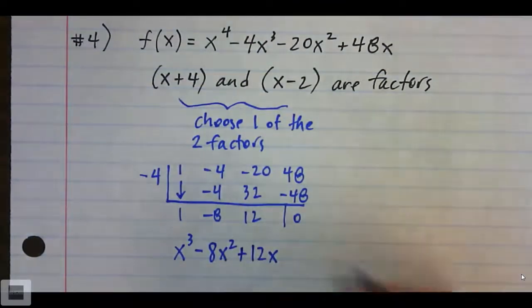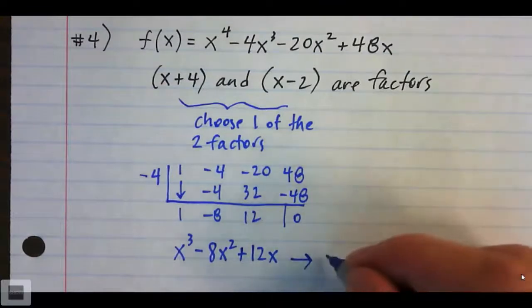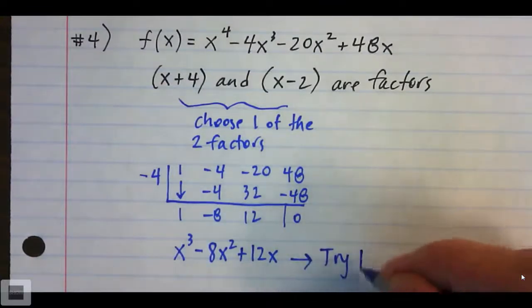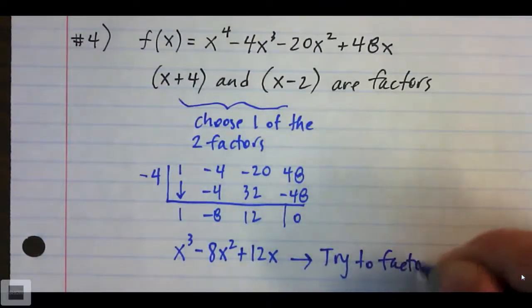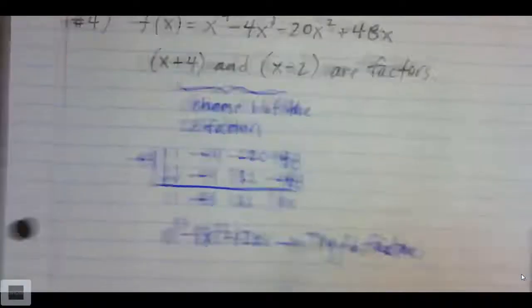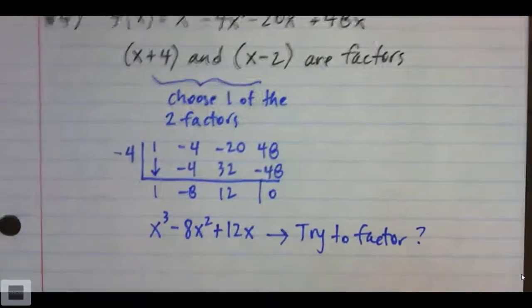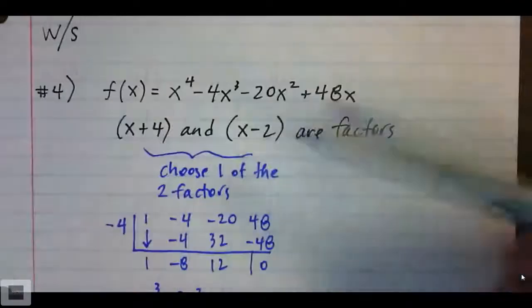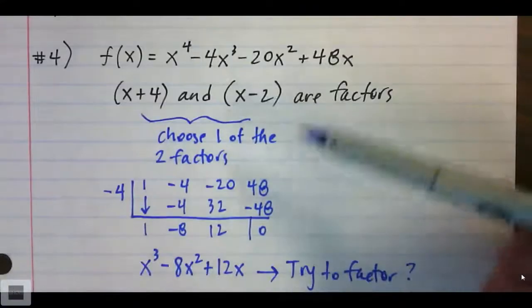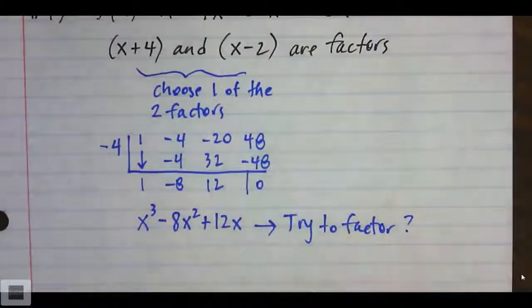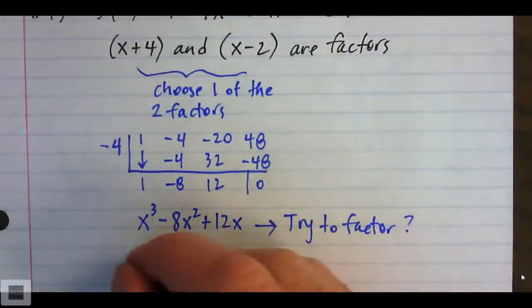Now, once we are here, we try to factor. This is our goal. And I'm going to put a question mark on here. Try to factor because we may or may not be able to. So I noticed that even though I've got another factor right here, I could do synthetic division again if I wanted to, but maybe I try to factor. And if you think about it, this is factorable because I can take out at least an x.